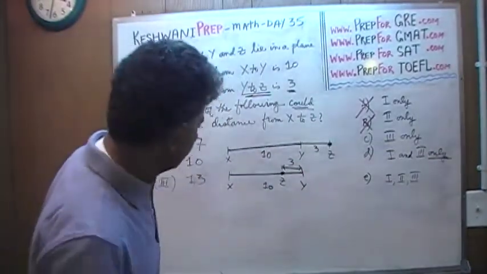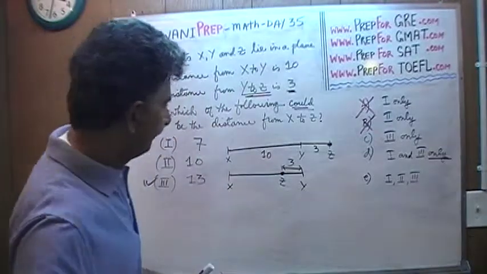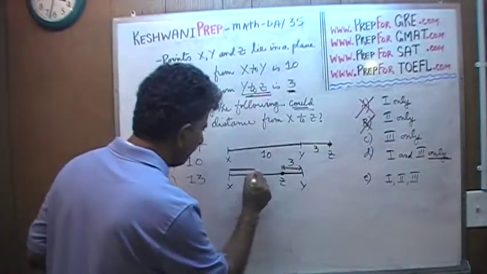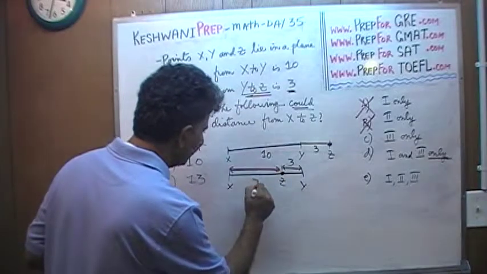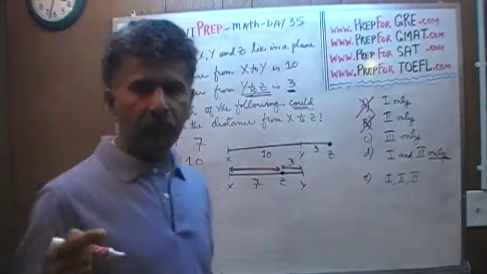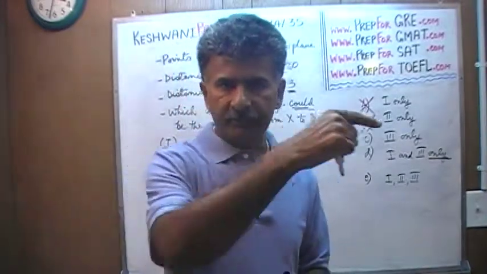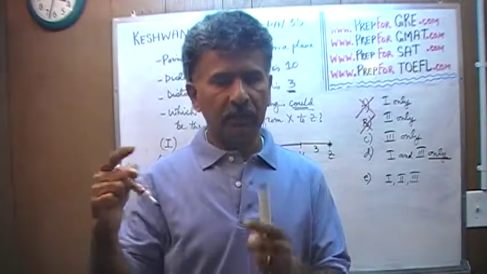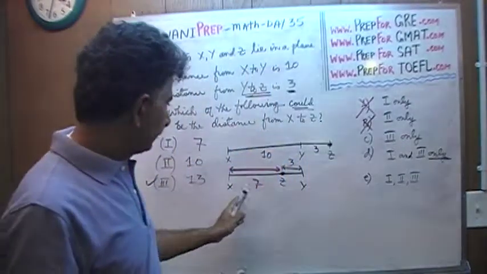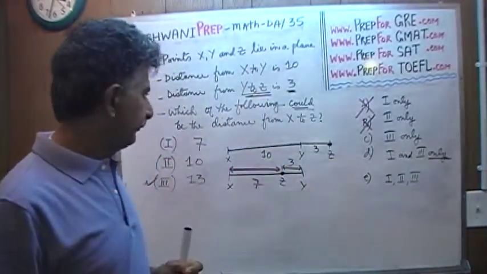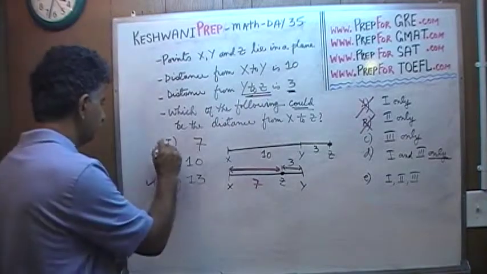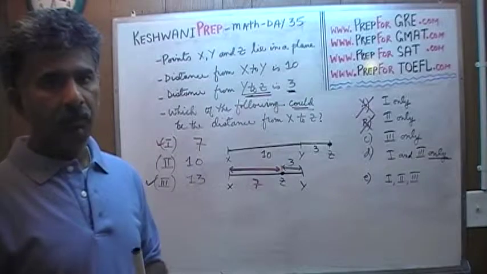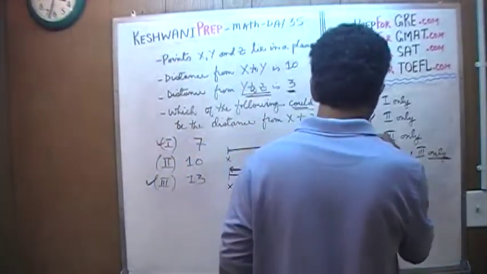In which case, the distance from X to Z would be 7, because think of it as you're going 10 kilometers this way and then we're coming back 3 kilometers, the same route. So now the distance from X to Z is only 7 kilometers. So that is also possible, which tells us that the correct answer, whatever it is, must also have Roman numeral 1 in it. That rules out C.